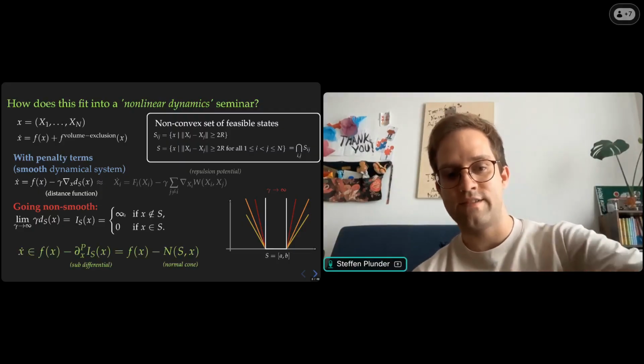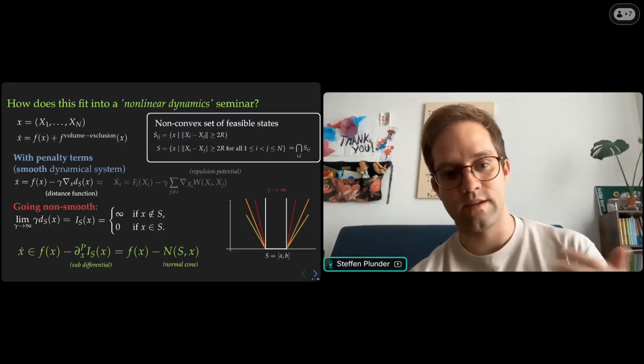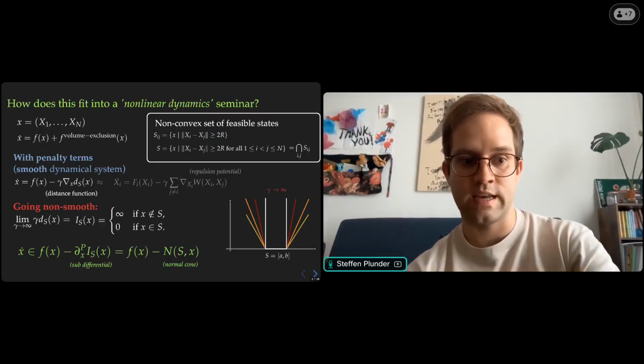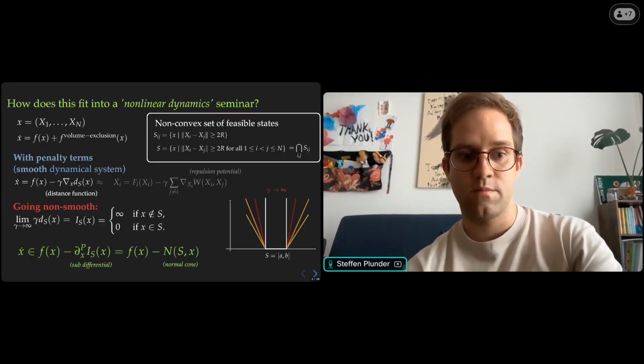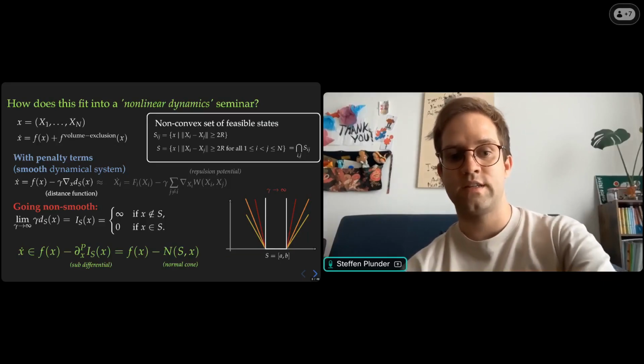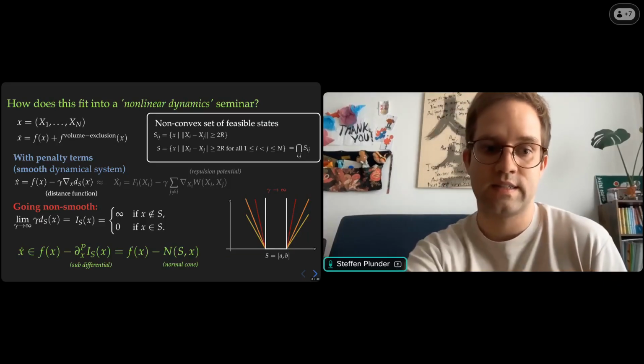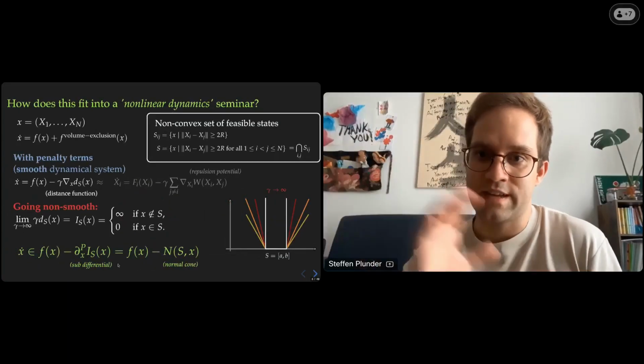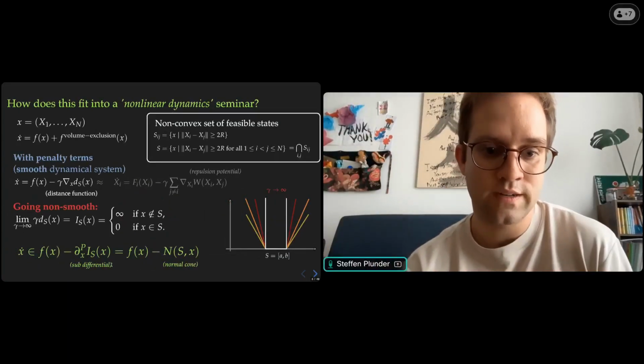Later I will explain this in much more detail and more slowly, but what we could then attempt is to solve this differential inclusion, where we say the velocity minus the forces has to be in a certain set. In one interpretation, the set is the subdifferential, which is a very complicated tool in a way.